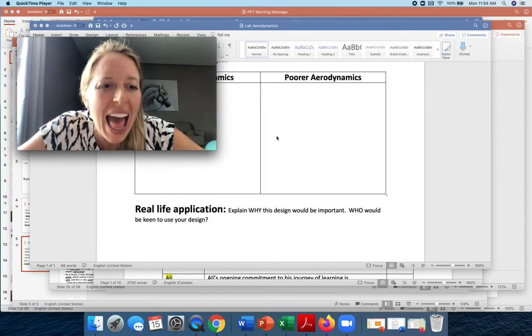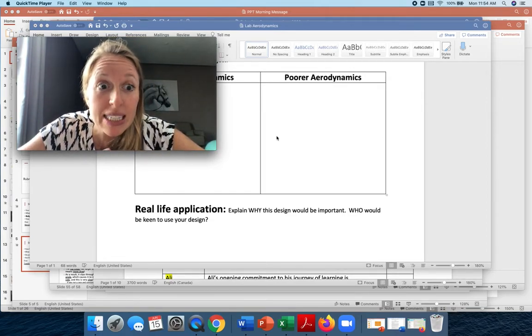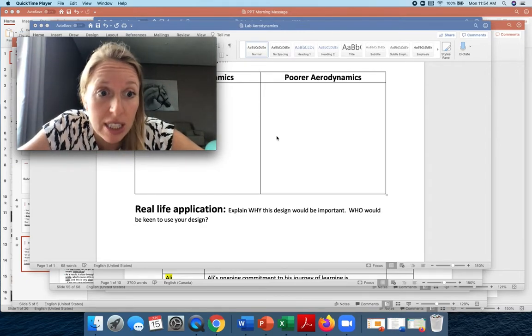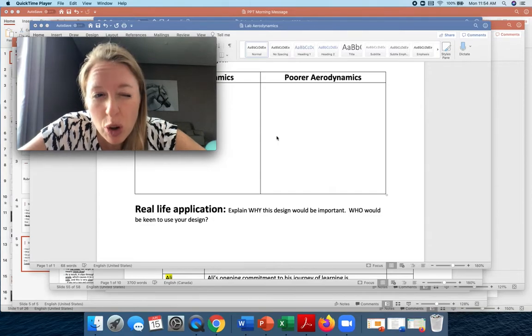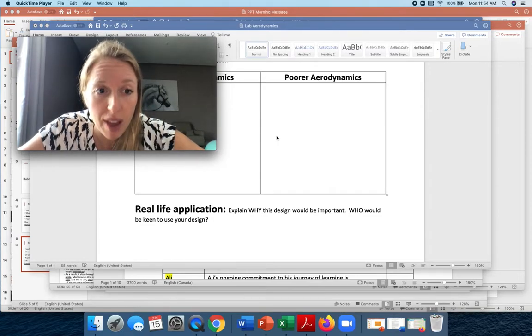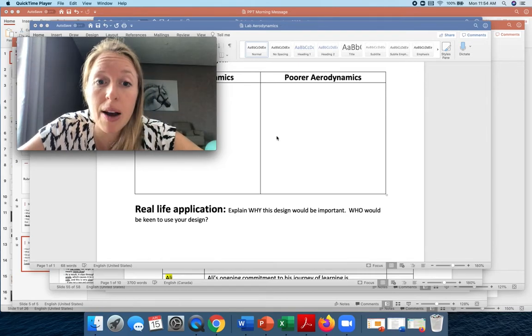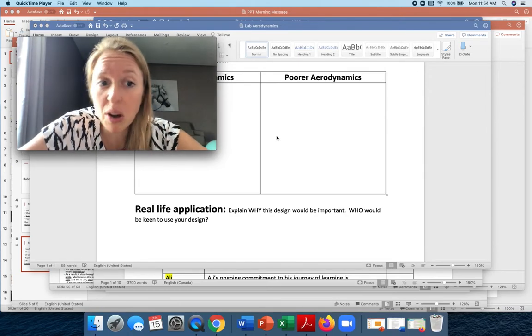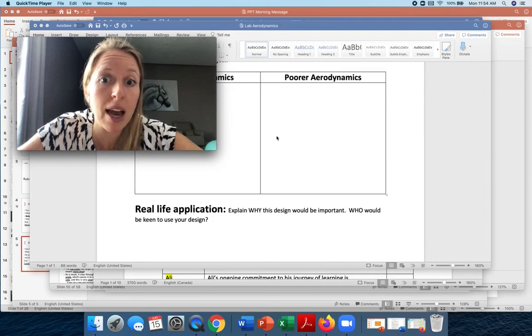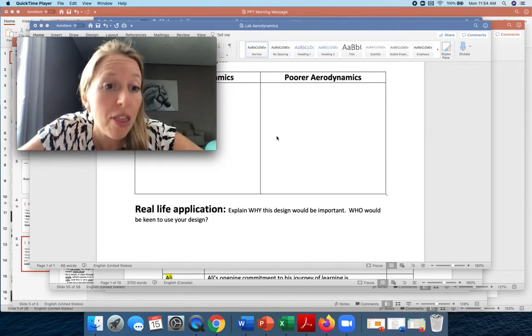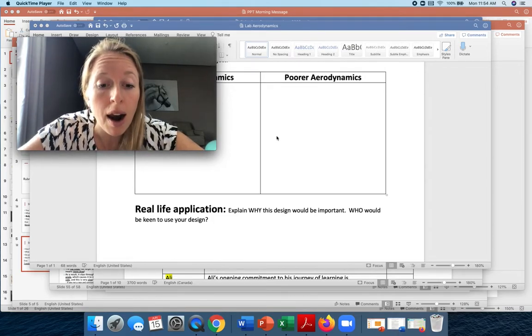So what else in real life would need to have an aerodynamic design for efficiency? Think about fluids, both in terms of air, and also water, because there might be some things out there that have to have an aerodynamic design for their ability to cut through water as well. Yeah, so think about it.